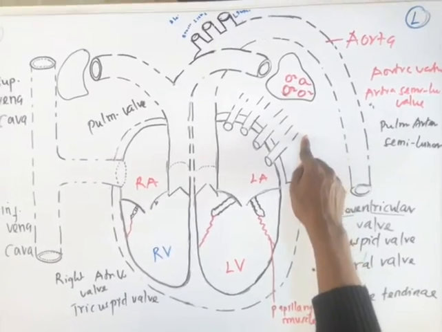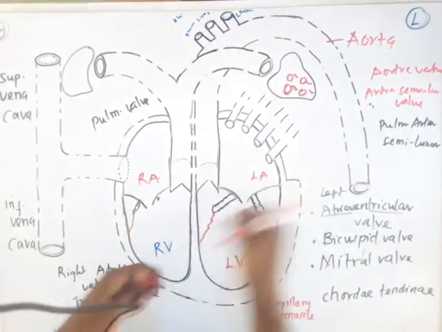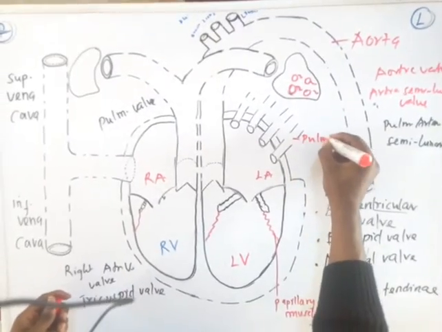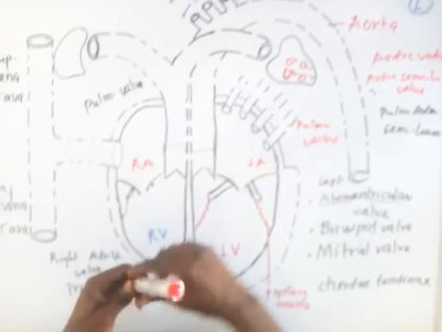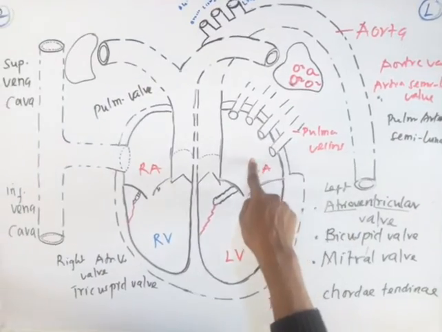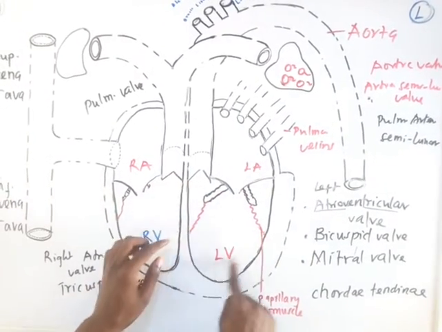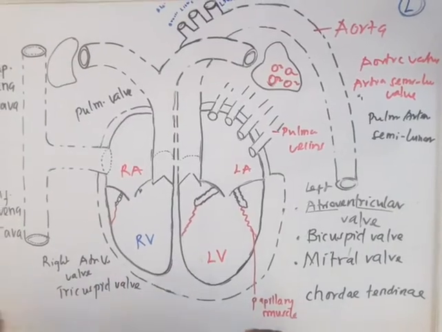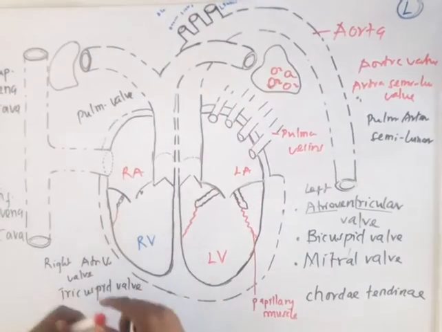The oxygenated blood moves with the help of the pulmonary veins. They carry blood from the lungs to the heart, to the left atrium. From the left atrium, the valve leads to the left ventricle. So these are the pulmonary veins in humans.